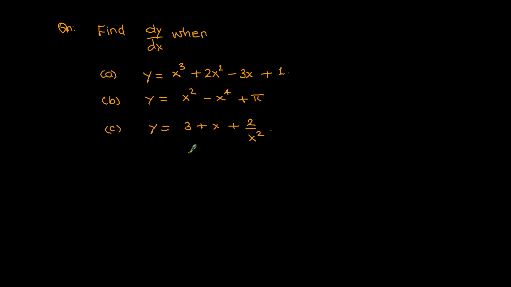So in our solution, we can copy our question down here, where we have x to the power of 3 plus 2x to the power of 2 minus 3x plus 1.